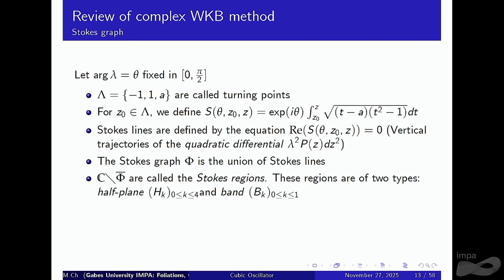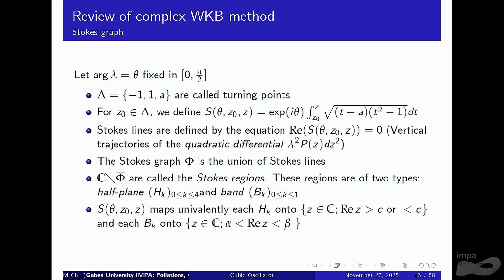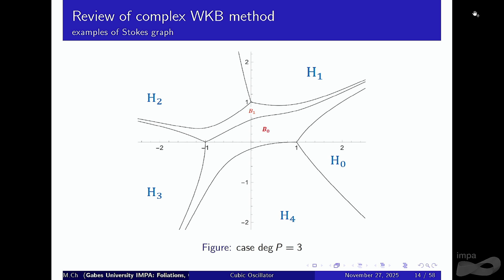In the case of cubic potential, we have 5 half plane domains and at most 2 strip domains, which are simply connected. This map S maps invariantly each half plane to this form and each band domain to this form. This is an example of a Stokes graph.